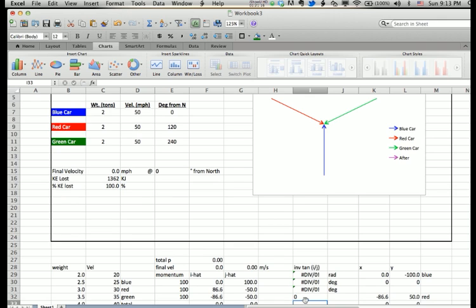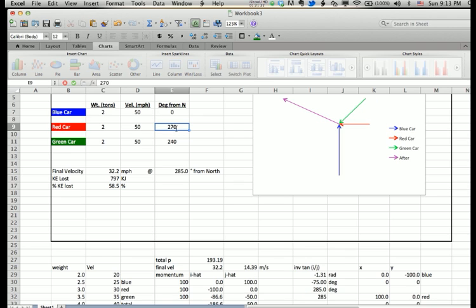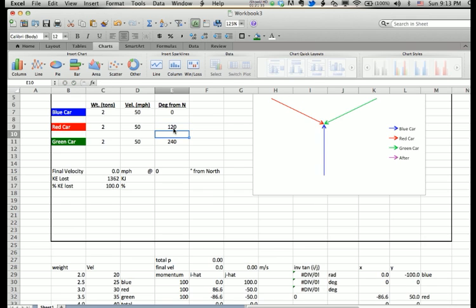So I made a little if-then statement. So now if I actually change one of these just by a little bit here, 170, of course I'm going to get an overall momentum, and you'll see it'll give me the velocity and it'll tell me how many degrees from north it is. If it just so happens that this thing completely matches out, it'll put in 0 instead.